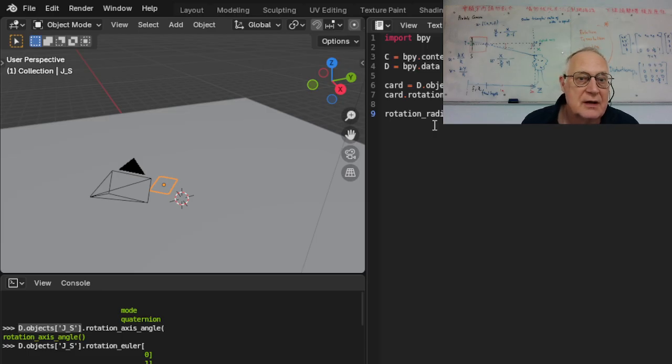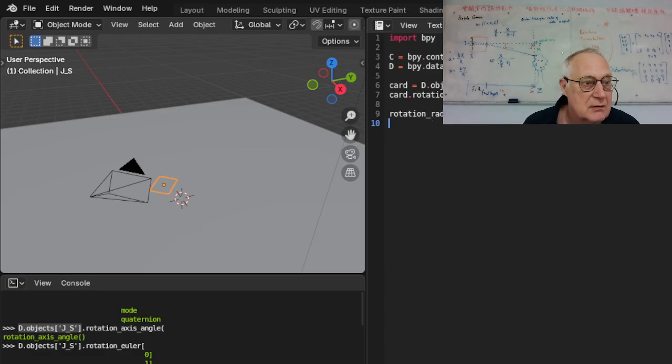I have to give the angle in radians. So 0, 0, 45. Convert 45 degrees into radians. Just set it.